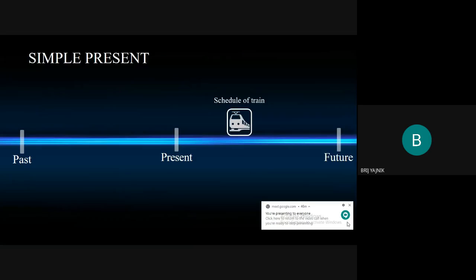So this departs, or this arrives at 3. So I'm trying to talk about the scheduled event of future. And when I talk about a scheduled event of future, I should use simple present tense. So rather than saying the train will leave or the train is going to leave, I have to say the train leaves tomorrow at 7, right? So the train leaves. And that's something that you have learned already, right?